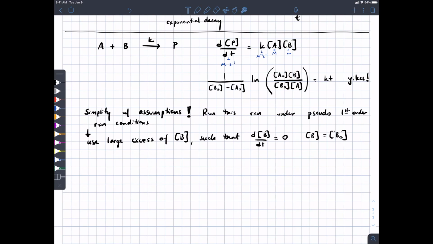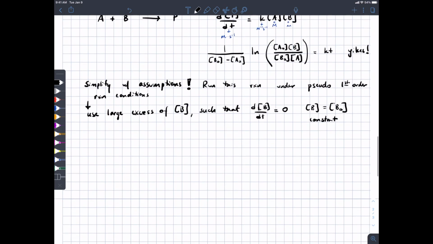How much would you have to use? Well, probably somewhere like 10 or more moles of B for every mole of A. But if you run the reaction under conditions where the concentration of B is constant, then your rate law could simplify to rate constant times the concentration of A times the concentration of B, but not B at time t, B at time 0, because the concentration of B doesn't change.